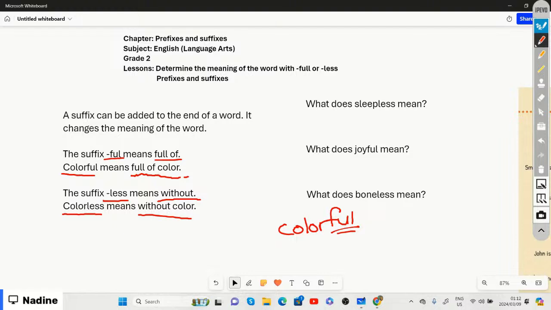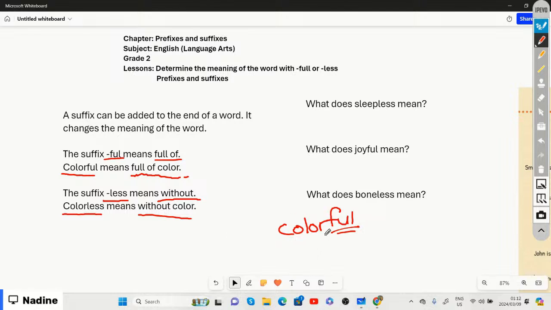Because we know that color is a combination of different colors. But if we add full to our word color, it changes the meaning, and now it means full of color.